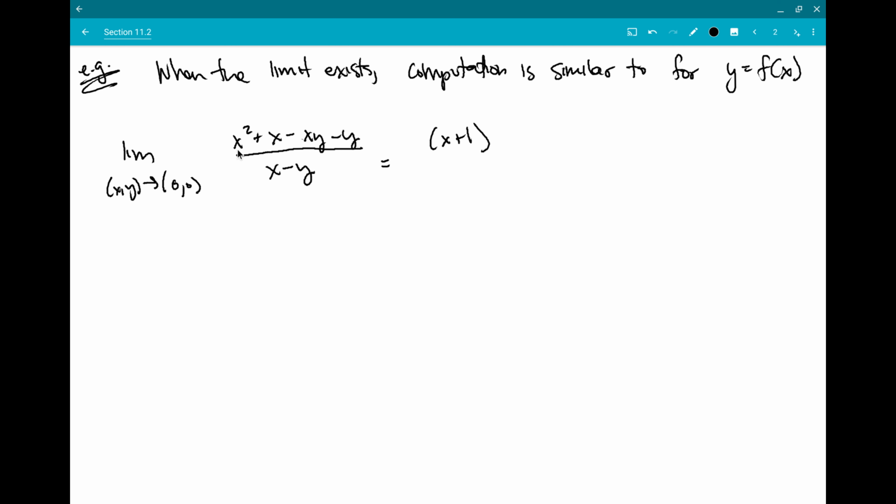I'm just going to tell you that we can factor this x squared plus x minus xy minus y into x plus 1 times x minus y, all over x minus y. And so those two things cancel out, x minus y on the top and bottom. Whoops, I lost my limit notation. So I'm just going to put all that stuff right there and then rewrite my limit down here.